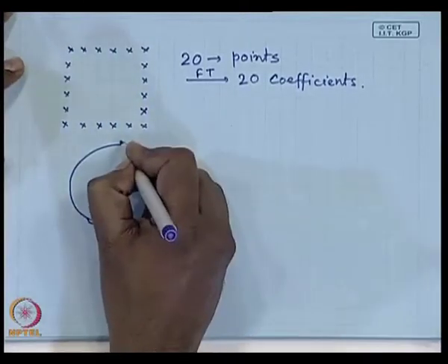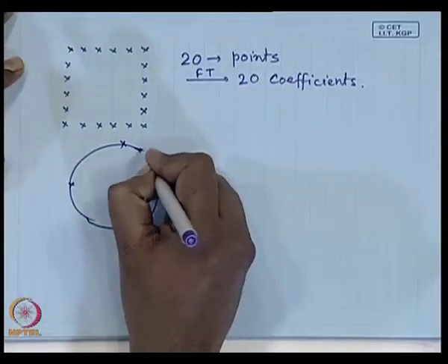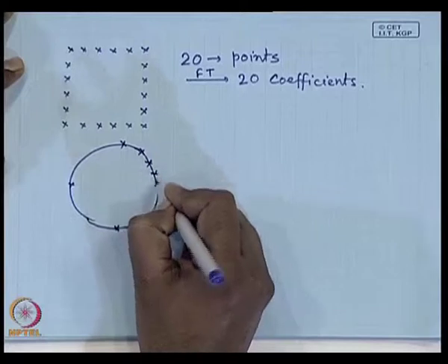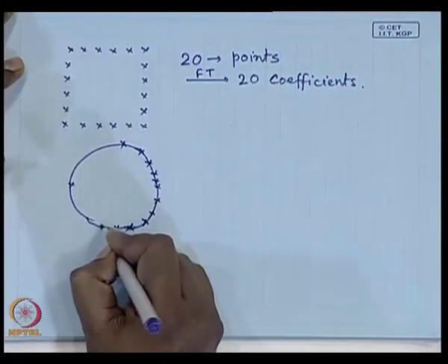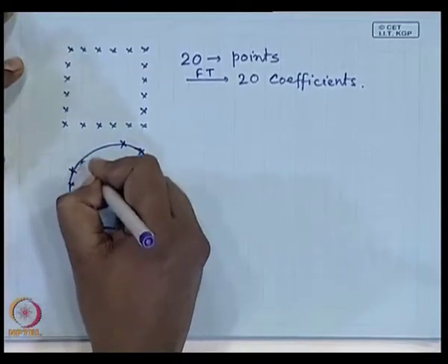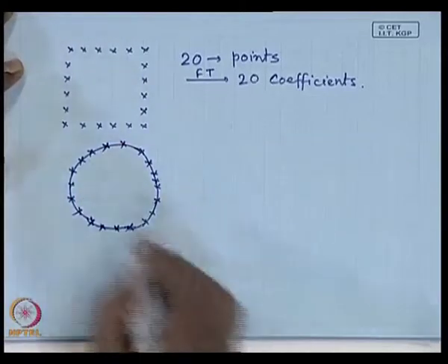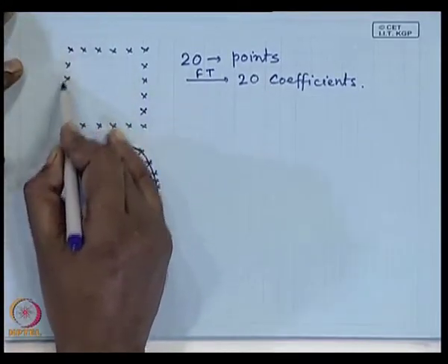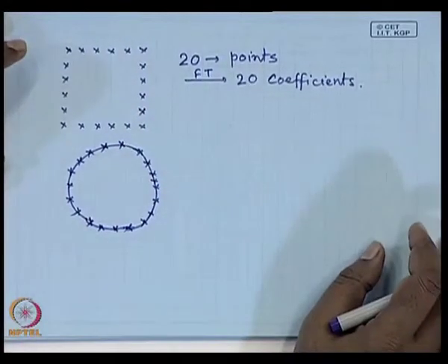Okay. Though the number of points on this circular boundary will be equal to 20, I will have 20 points on this boundary. So, all these 20 points will be there, but you find that all the detailed information which is there at the corners, that detailed information is lost.